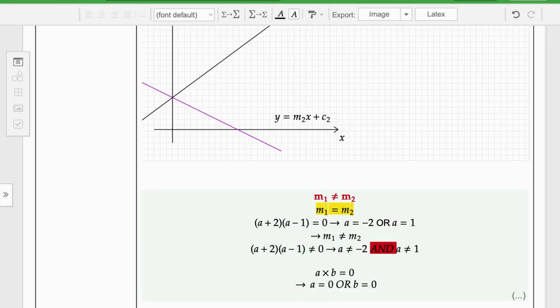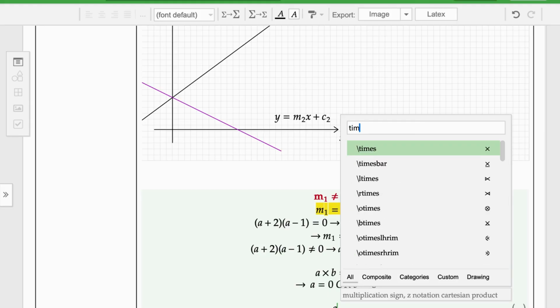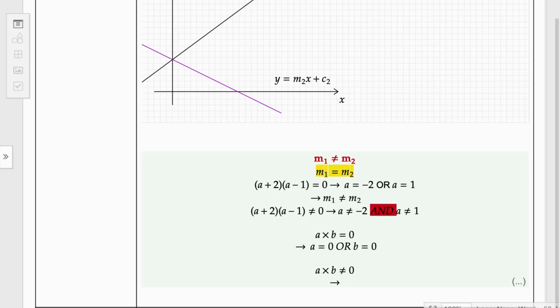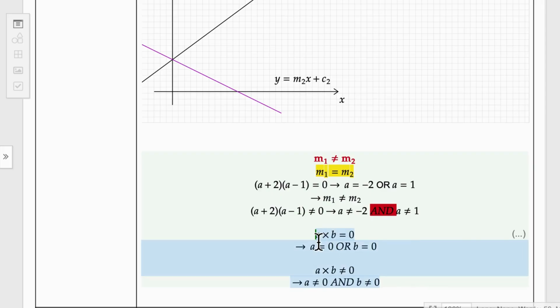However, if you do the not inequality for a times b to not be 0, then a must not be 0, and at the same time b also must not be 0. I hope it's understandable. So these are the key.